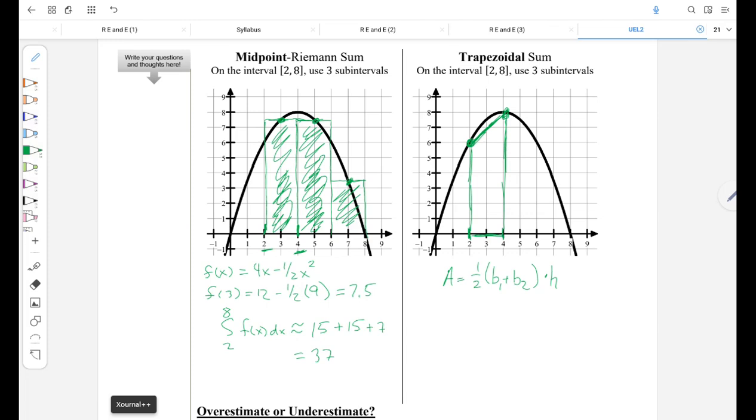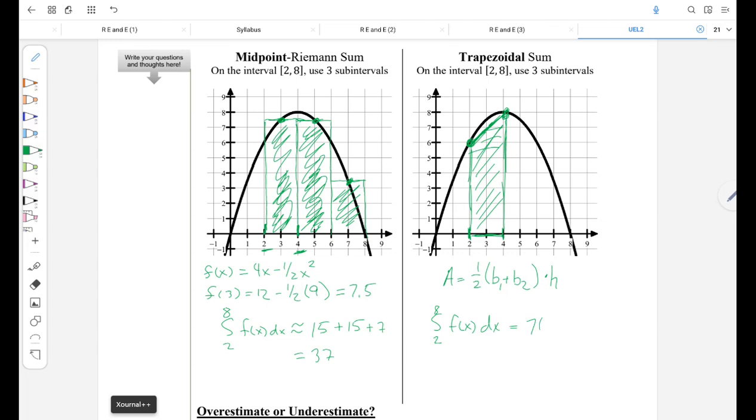So in this case, the averages that we have to do are really easy. I have to average 6 and 8. That's 14 divided by 2, so we've got 7 by 2. I'll actually write out the multiplications on this one.